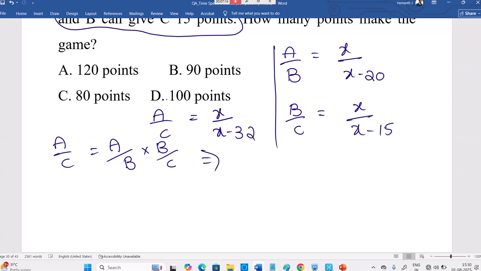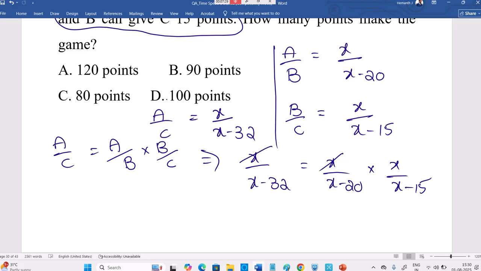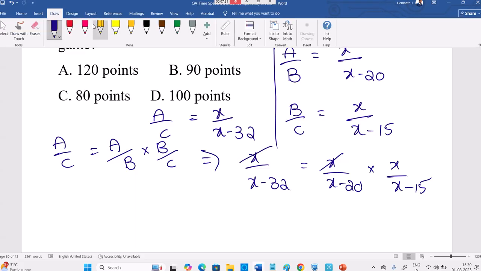Okay, now A by C is nothing but X divided by X minus 32. A by B is X divided by X minus 20. B by C is X divided by X minus 15. X will get cancelled. Now we will get a quadratic equation after cross multiplying. This will come to this side, this will go to this side.